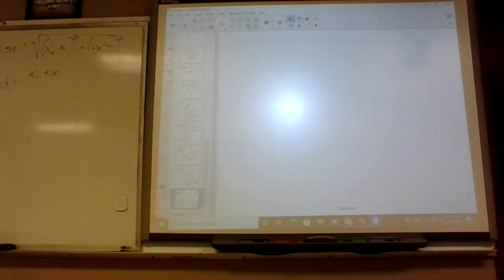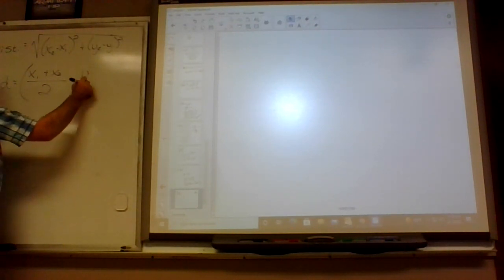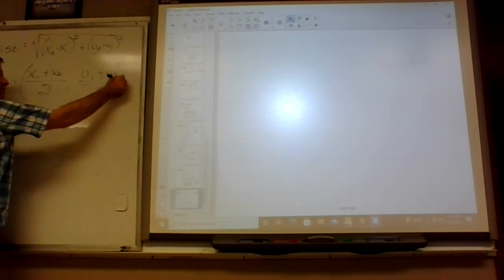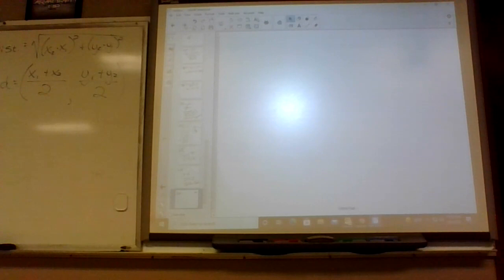Midpoint has two numbers because it's a point in the middle of these 2 points. A point, remember, has 2 coordinates, an x and y coordinate. So the midpoint has an x and y coordinate. The x coordinate is the average of the x coordinates on the ends. The y coordinate is the average of the y coordinates on the ends. That's midpoint. You have 2 numbers.